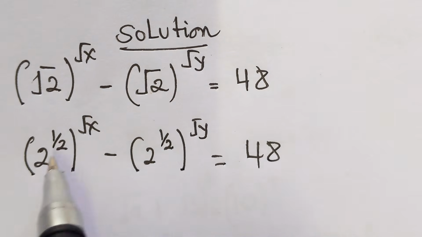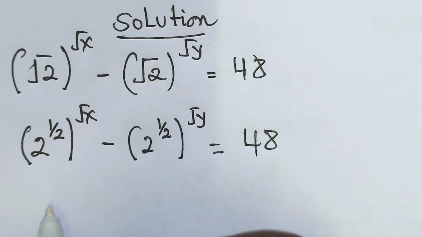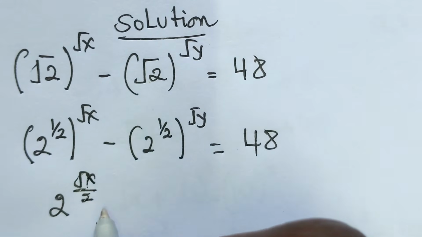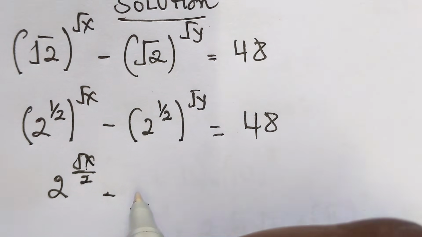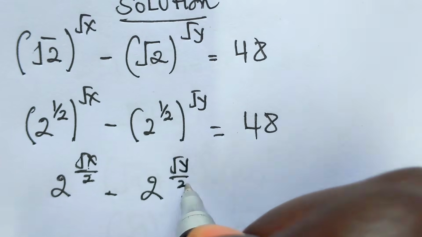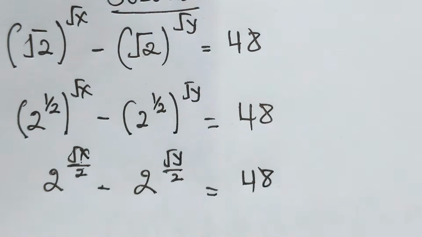And at this stage, because we have power, they can multiply themselves to get 2 power square root of x over 2 minus 2 power square root of y over 2 equals 48.